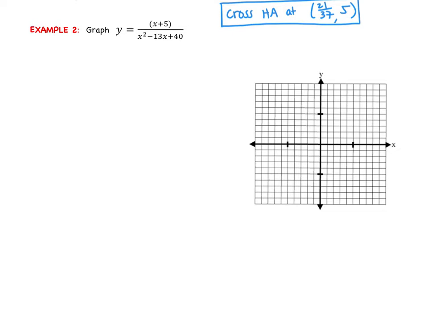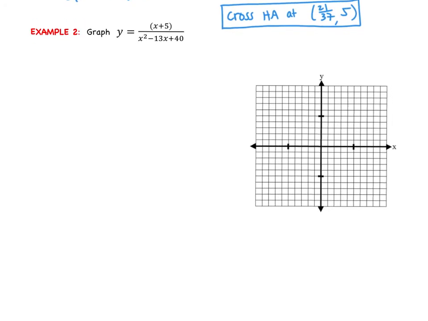The denominator, we are looking for two numbers that multiply to 40 and add to negative 13. Ooh. And that is 8 and 5, or negative 8 and negative 5. So we get x minus 5 and x minus 8. At this point, we would cancel out anything that we can cancel out, which is nothing.